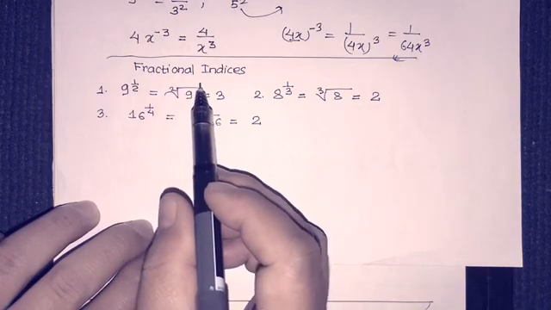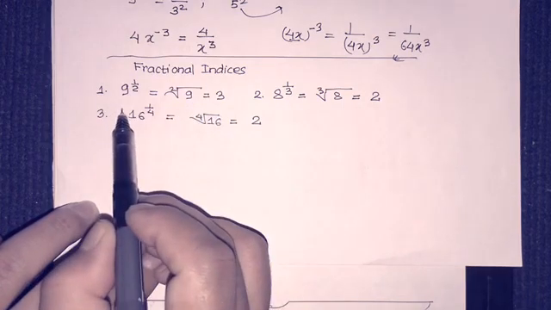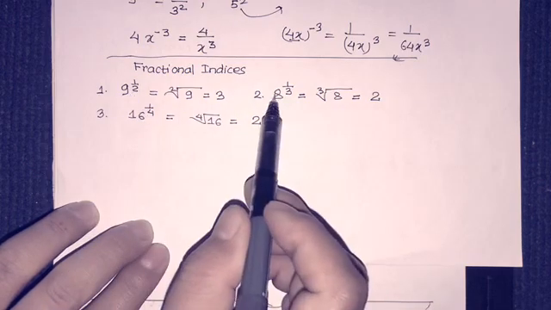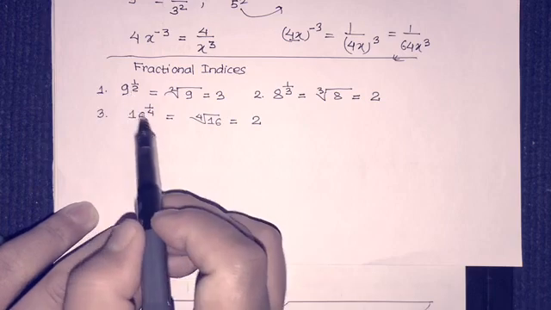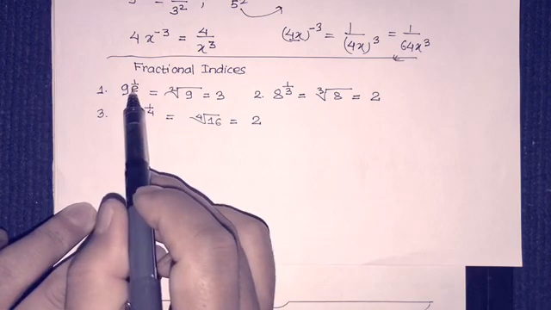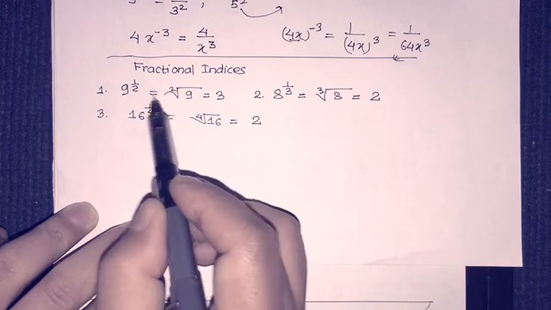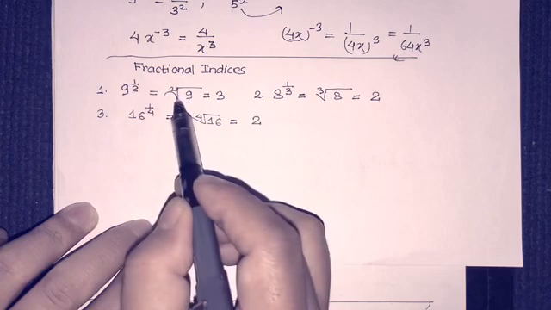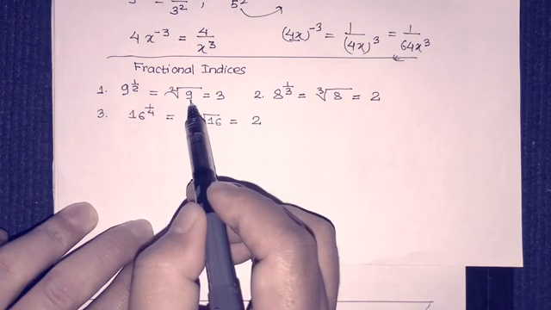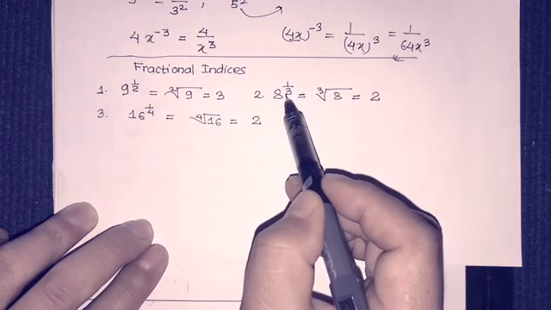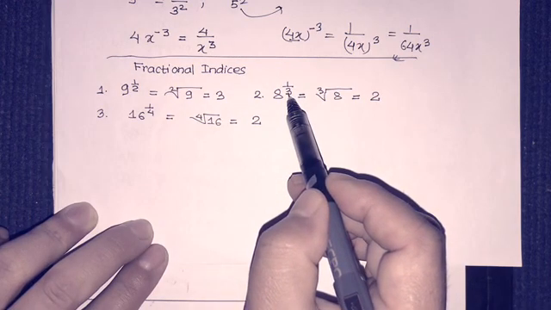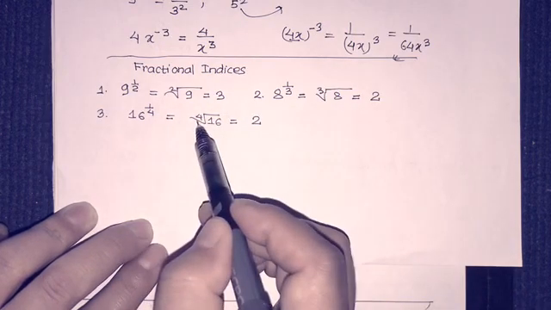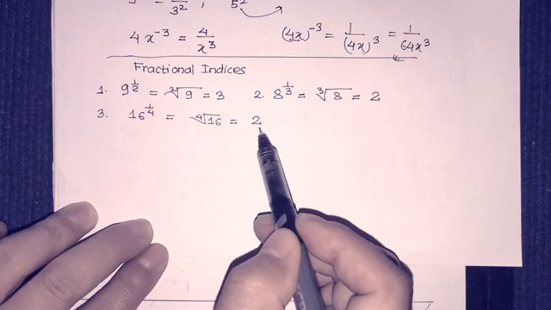Okay, law of fractional indices. Have a look at these examples. All the powers are what? In fractions. Okay, it is fractional indices. And look at here, 9 to the power 1 by 2. So this is the square root of 9, and here the denominator is 3, so it is the cube root, and the denominator is 4, so it is the fourth root of 16, that equals 2.